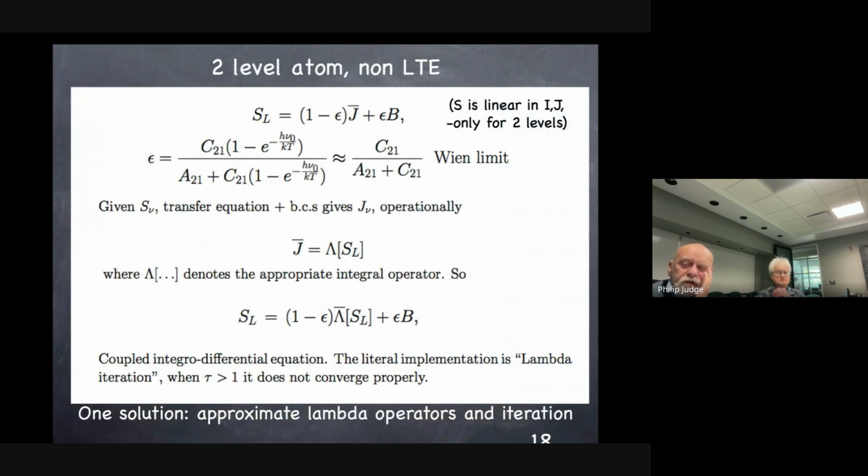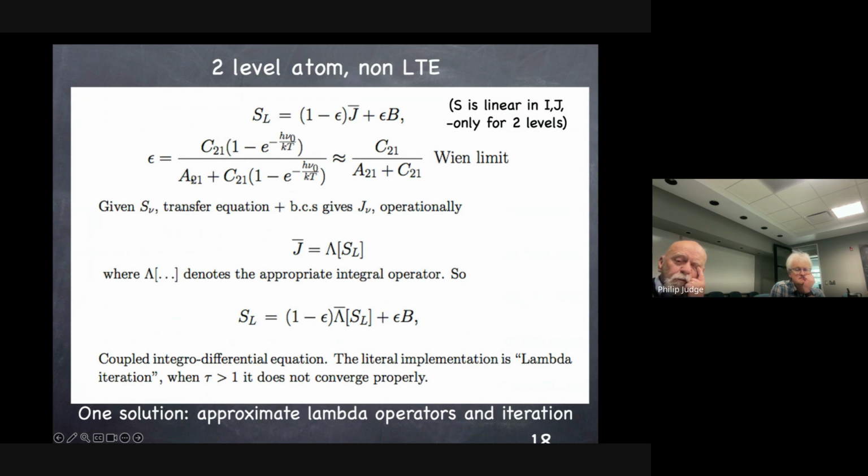And if we now look at this two-level atom, it turns out, rather interestingly, that if we eliminate for, we now have a parameter that measures how strongly coupled the particles, the C21s, are to the radiation, the A21s.